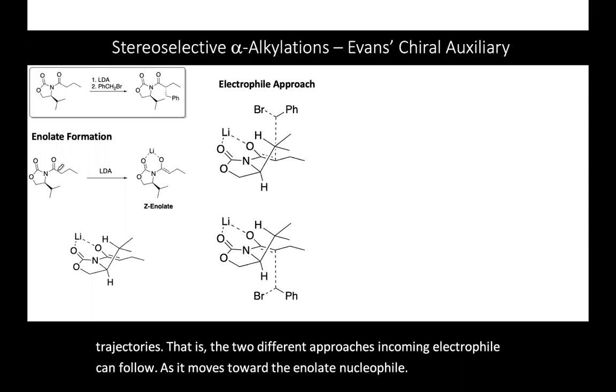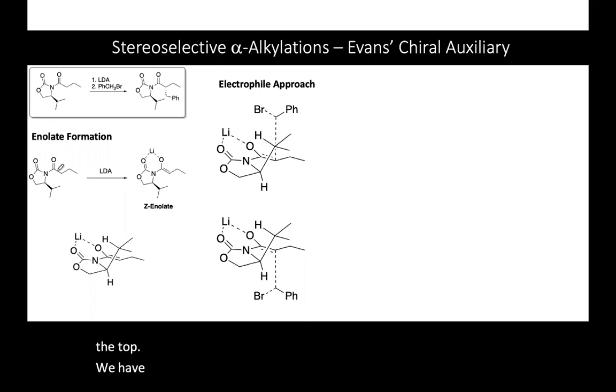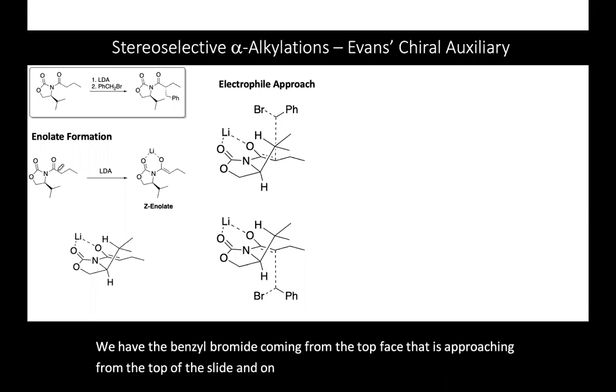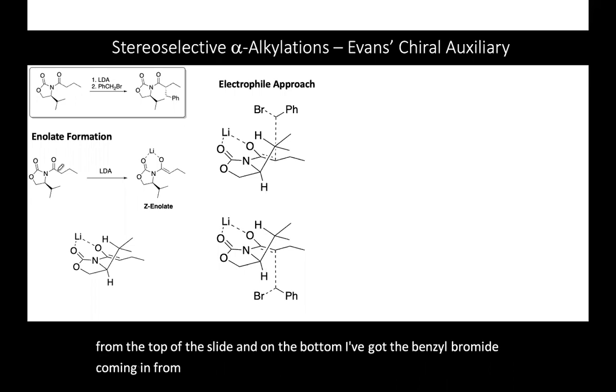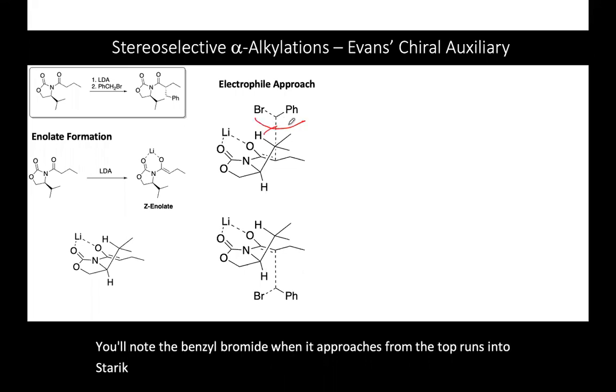These enolate approaches are shown in the middle of the slide, where on the top we have the benzyl bromide coming in from the top face, that is approaching from the top of the slide. And on the bottom, I've got the benzyl bromide coming in from the bottom face, or the bottom of the slide. You'll note that the benzyl bromide, when it approaches from the top, runs into steric interactions with the isopropyl group.